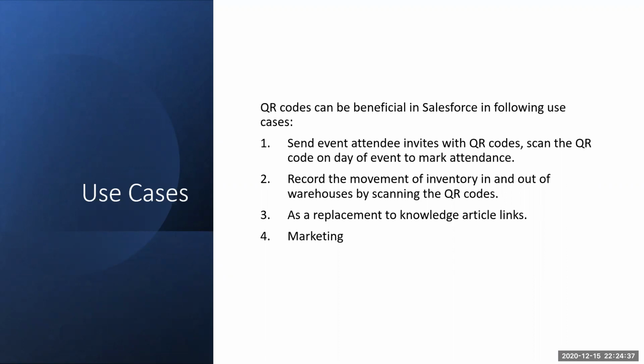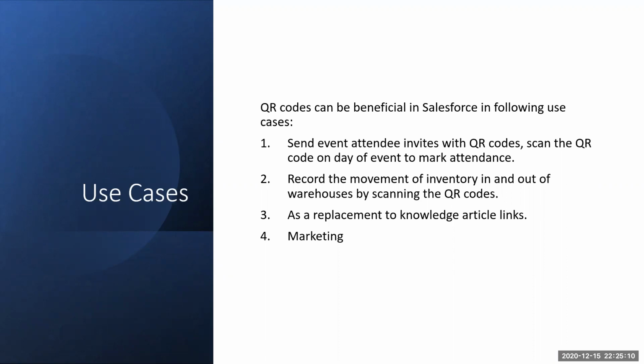On the day when the attendees arrive, there could be kiosks that would be marking attendance. All they have to do is have a phone to scan the QR codes of the people that are coming in. As soon as they show you a QR code, the help desk personnel just scans that QR code, and a particular record for that attendee opens up in Salesforce, and you can just mark them as present. So this is one of the scenarios.